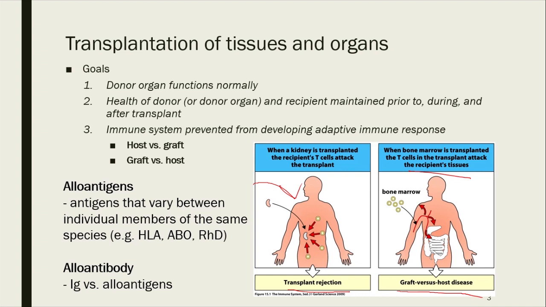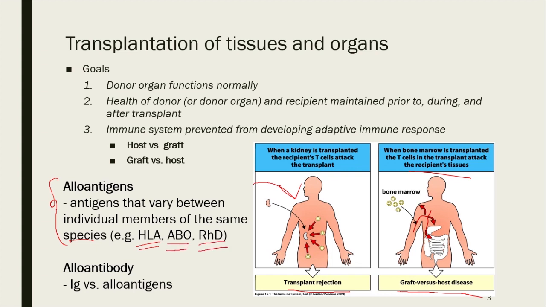Here are some of the terms that need to be defined. First are alloantigens, i.e. the antigens that vary between individual members of the same species, i.e. some of the HLA. We've been talking about ABO blood type and Rh factors.